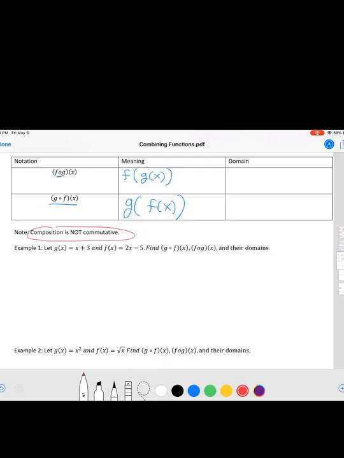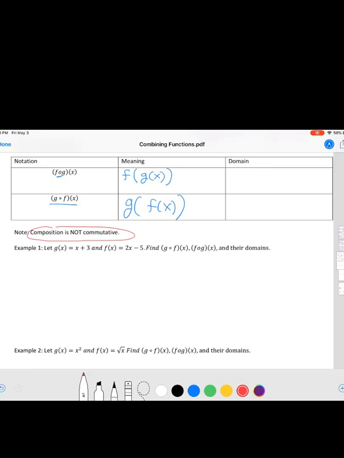But I can't do that with composition. So composition is similar to division and subtraction, where the order does matter. 1 divided by 2 is not the same thing as 2 divided by 1. Just like composition, f of g of x is not necessarily the same as g of f of x. So please keep in mind that order definitely matters with composition.